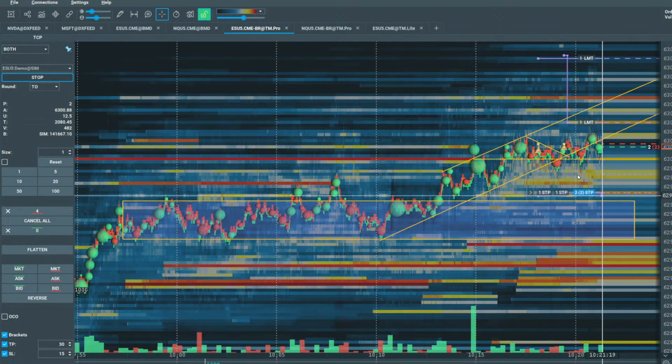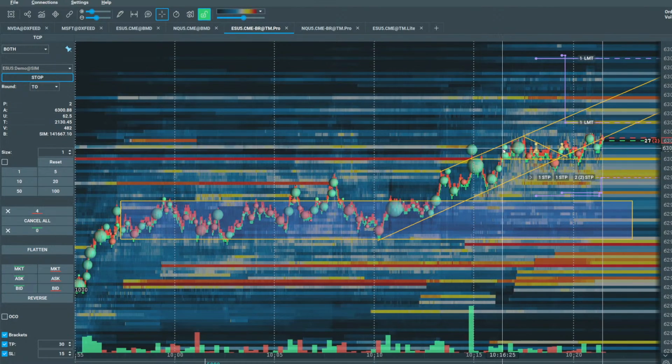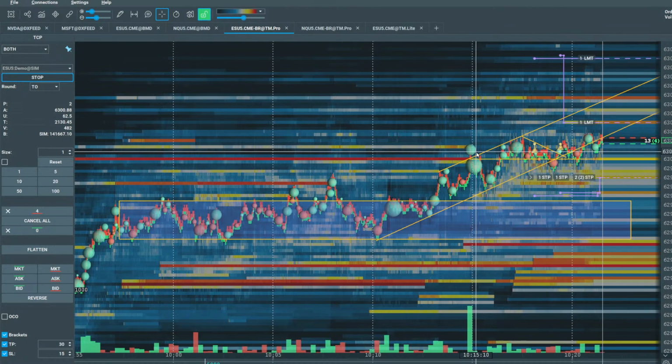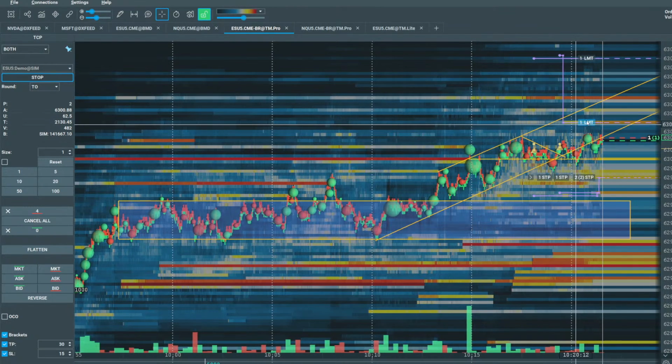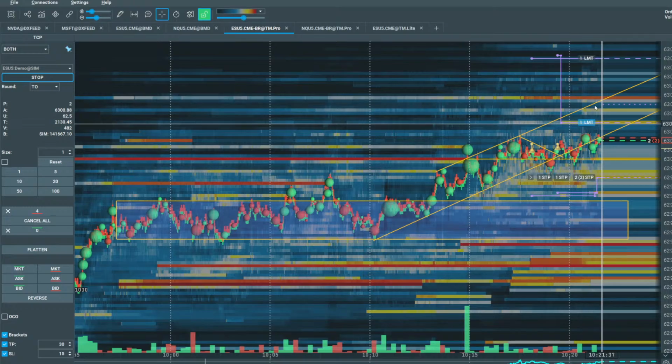Okay, I'm going to put my stops just below the swing here. Okay, my take profit, well, we'll see. Maybe I should move it up in maybe this 05 area up here.